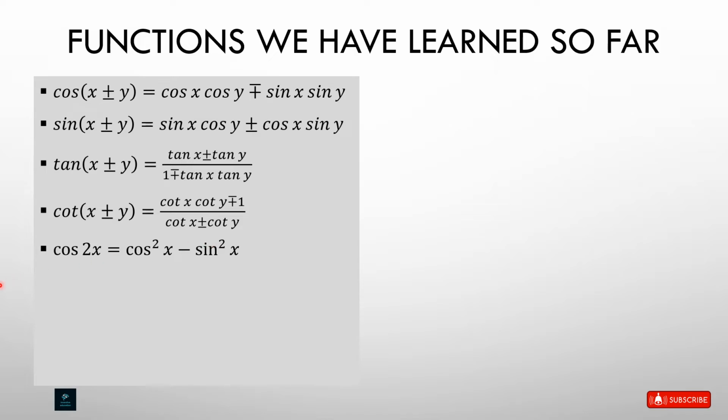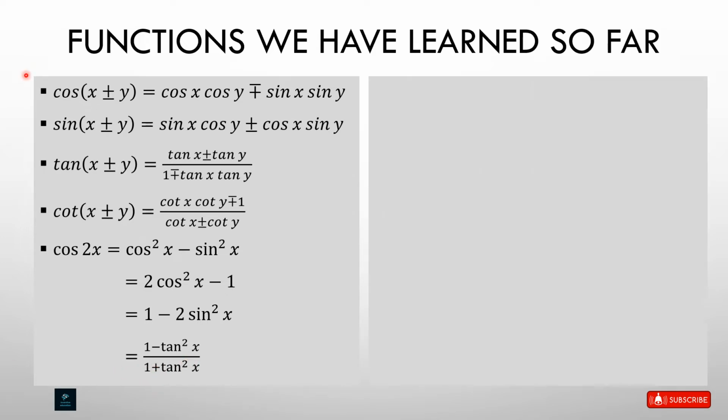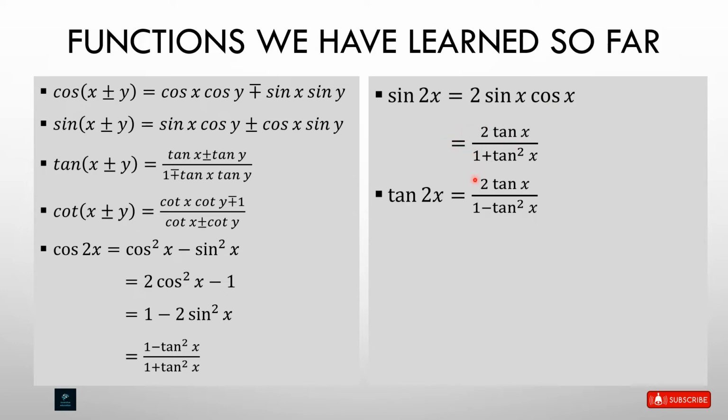Then we have seen that cos of 2x is equal to cos square x minus sin square x, which is also equal to 2 cos square x minus 1, and which is also equal to 1 minus 2 sin square x. And this is also equal to 1 minus tan square x divided by 1 plus tan square x. Then we have seen that sine of 2x is equal to 2 sin x cos x, and this is also equal to 2 tan x divided by 1 plus tan square x.